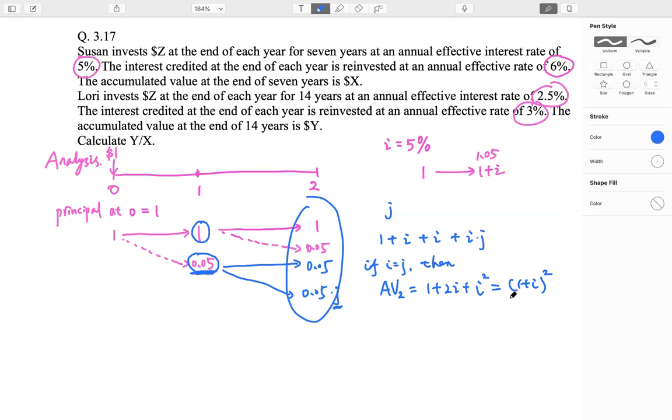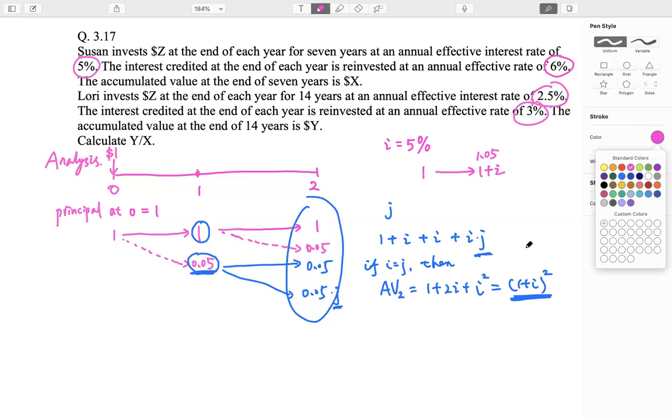That is why we say this is the accumulated value factor. This is the detailed analysis. But if j is different, this does not hold. So that's something we're going to use to solve this question.